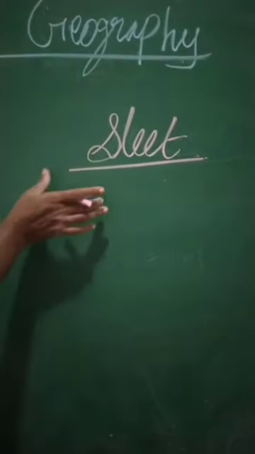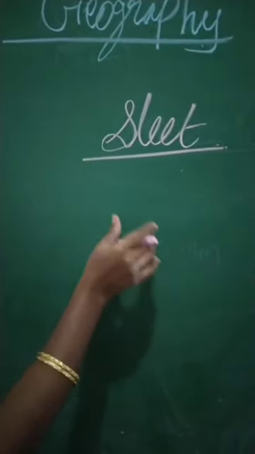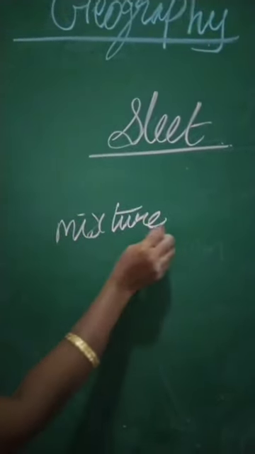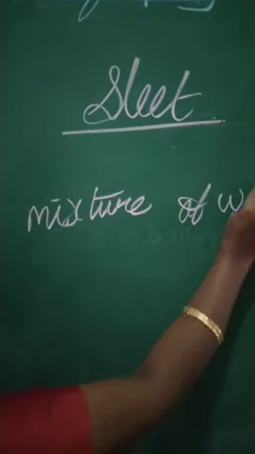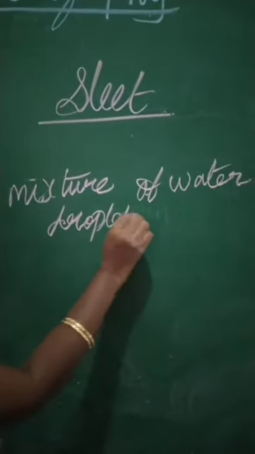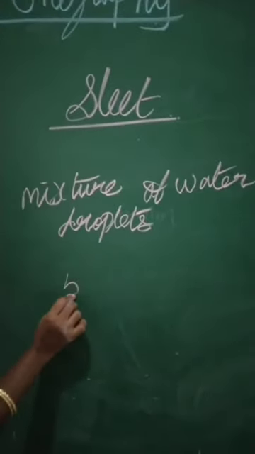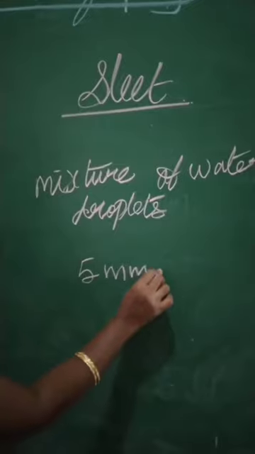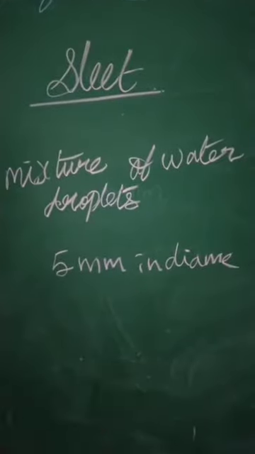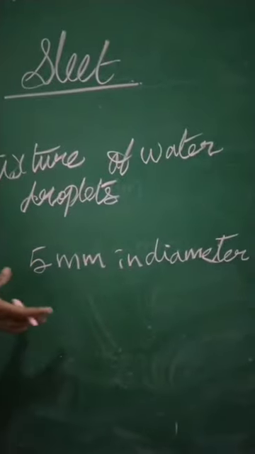Students, now we are going to learn sleet. The precipitation which takes place in the form of a mixture of water droplets and tiny particles of ice less than 5 millimeter in diameter is known as sleet.